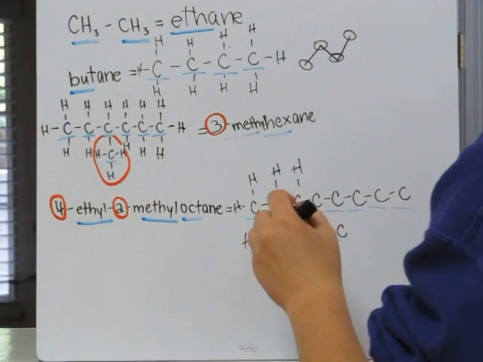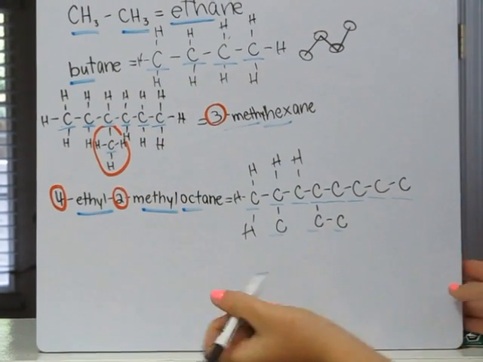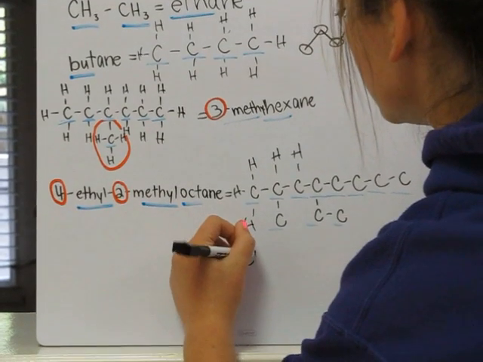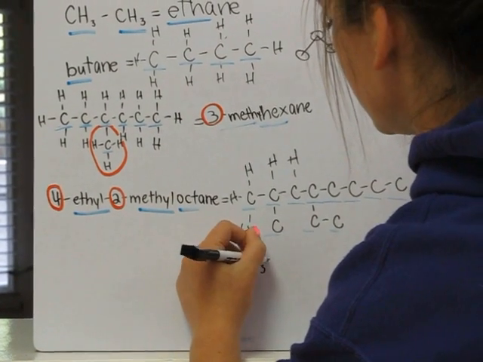Another way to represent this 4-ethyl-2-methyl octane would be with a condensed formula. So you would draw like this.